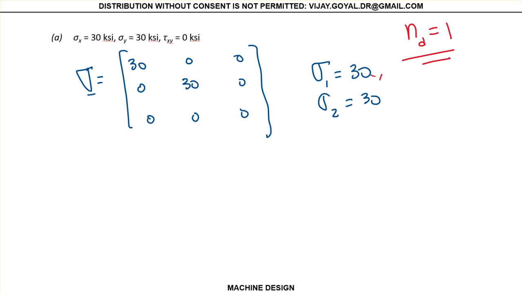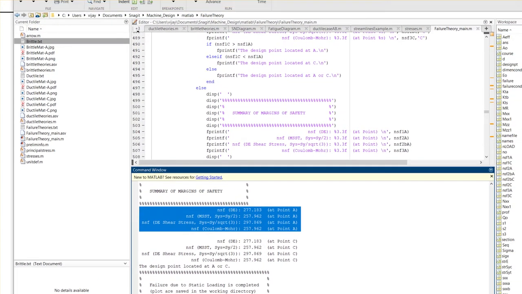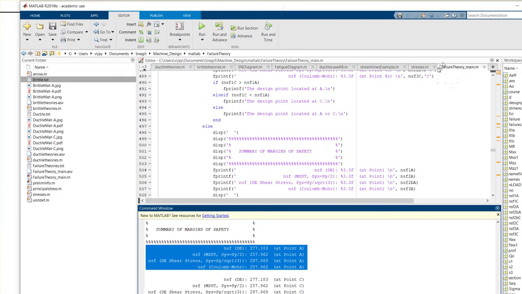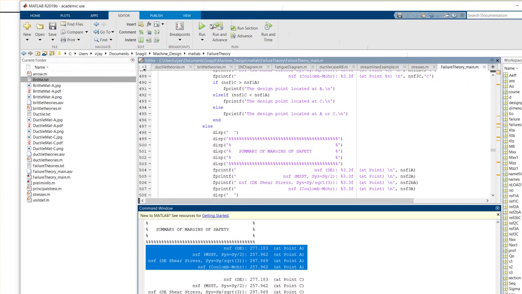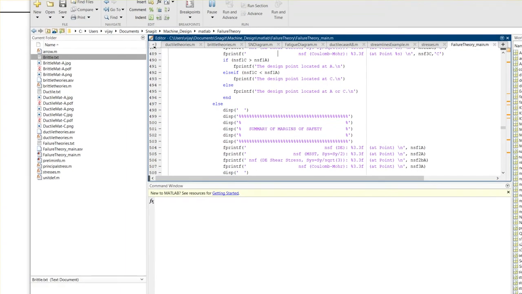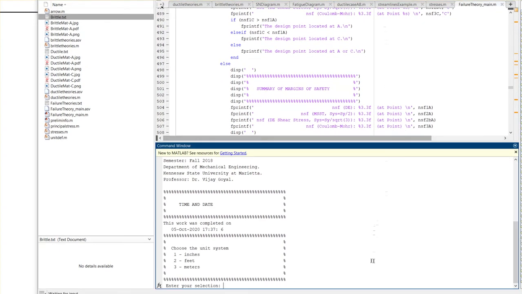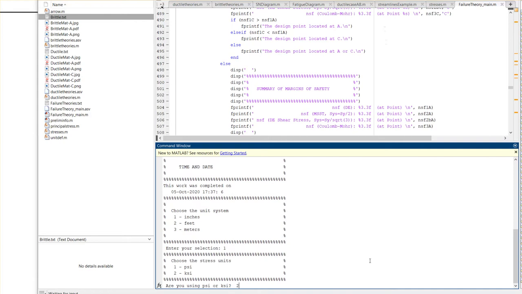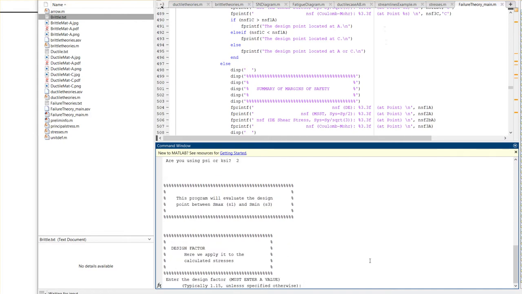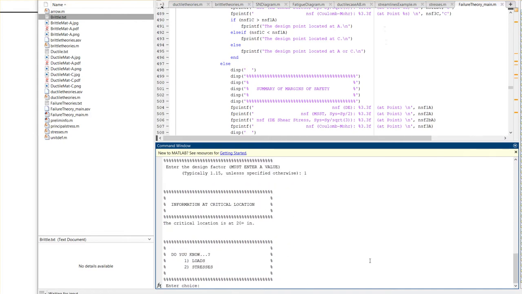Okay, so again, this is the failure theory, and you run the code, and this is in inches, and stress is in KSI. We're going to use a load factor of 1.